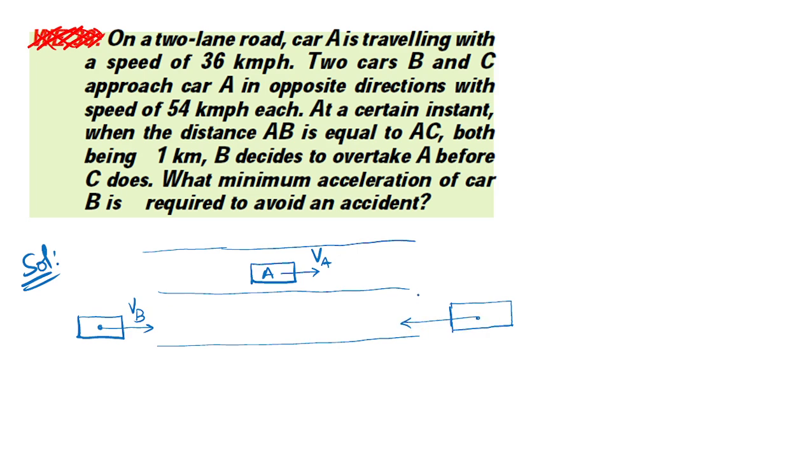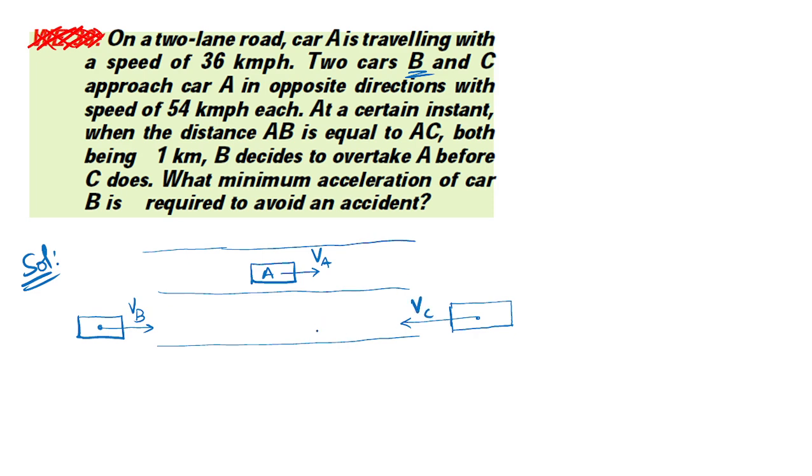B and C approach A in opposite direction. This is also approaching in this direction. This is also approaching in this direction. So I can write it as B and C.